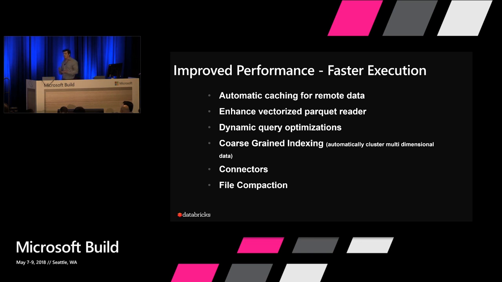We can take advantage of things like coarse-grained indexing. For the data that lives in Parquet files, we index it in such a way that we can find the data in the files faster by collecting column-level statistics.